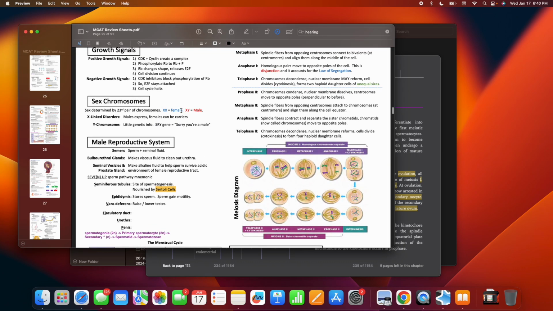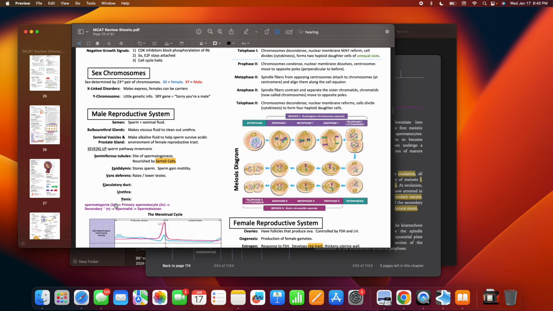So I drew it here. Spermatogonia and the primary spermatocyte are diploid, and the secondary spermatocyte, and then the spermatid, and last but not least, the spermatozoan, are haploid.